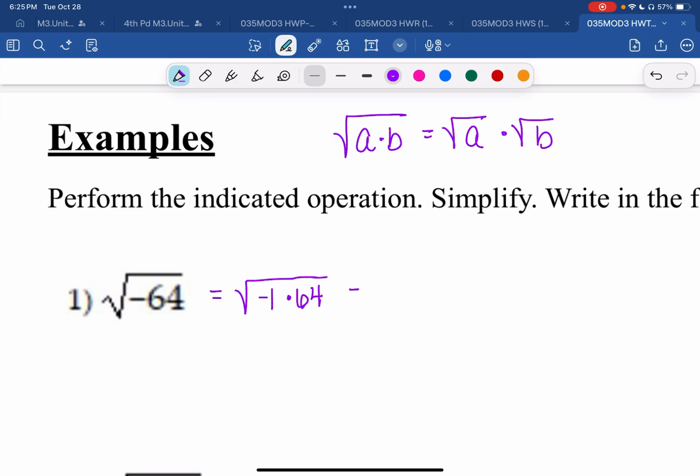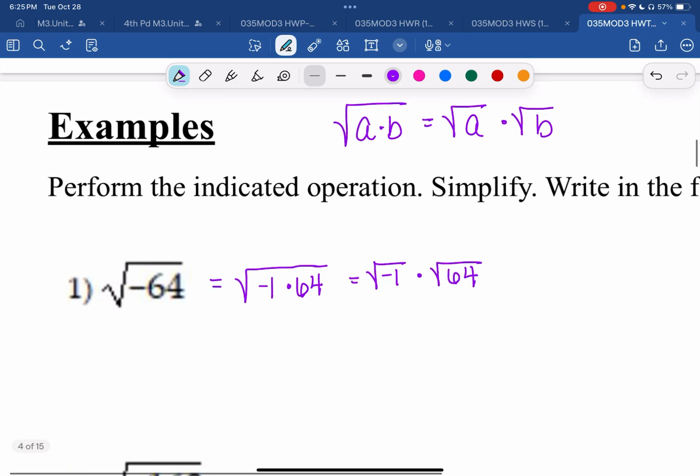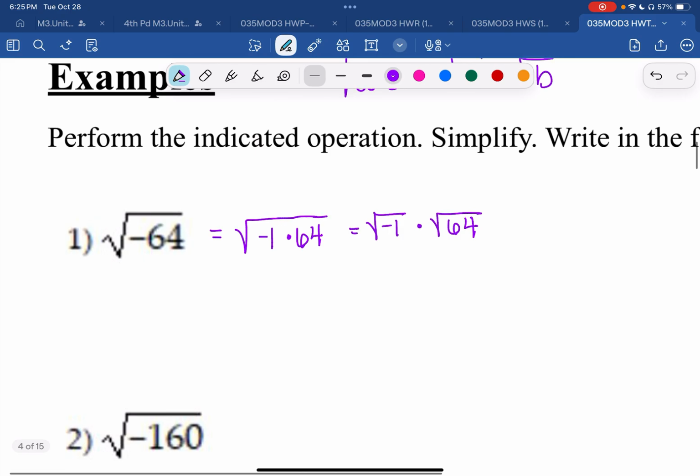I could rewrite that as the square root of -1 times the square root of 64. Like we saw on the last slide, the square root of -1 is i, and the square root of 64 is 8. We're going to write this with the i in the back, so 8i would be my final answer here.